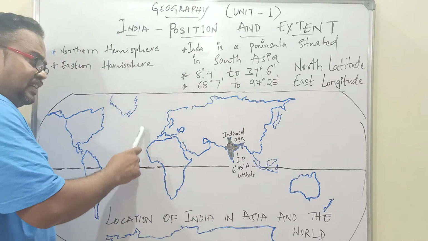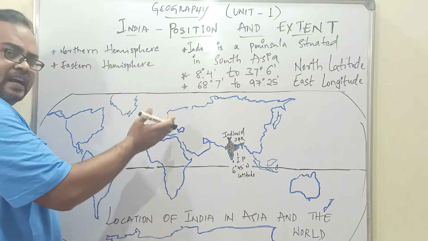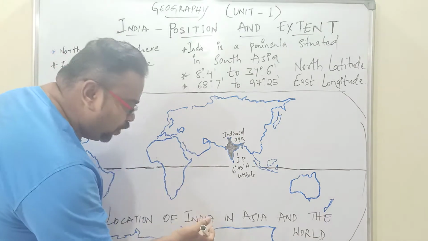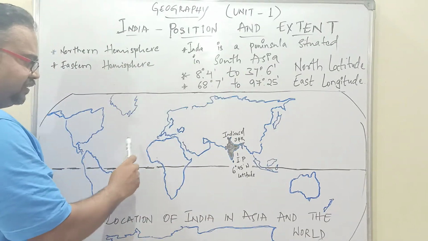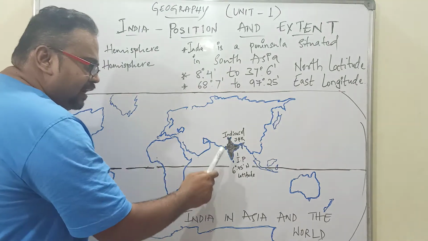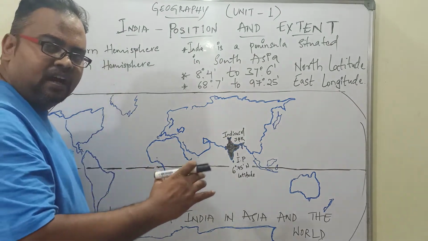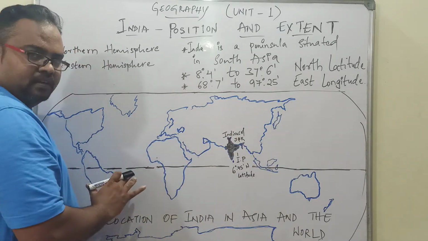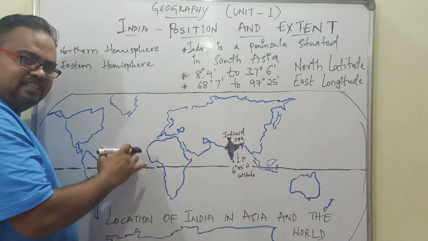The northern hemisphere is the upper part and the southern hemisphere the lower one. Through understanding the hemispheres, we can find out where exactly India is positioned and how it extends.